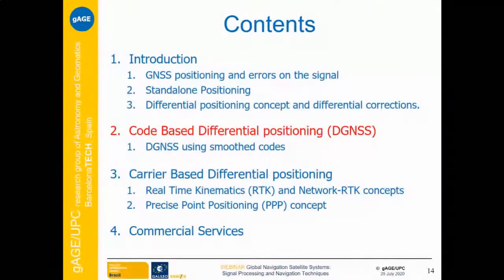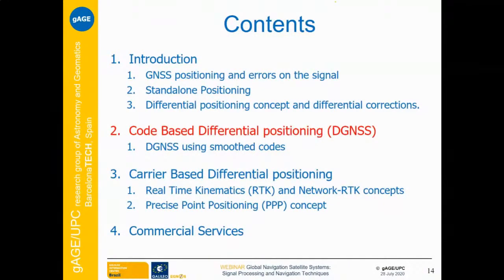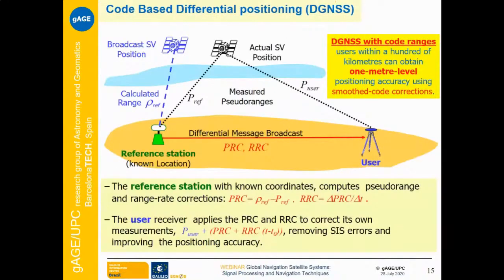Okay, so now let's see an example of code-based differential positioning, this differential GNSS that is using smoothed codes. Remember the Hatch filter. So this slide illustrates the code-based differential GNSS.